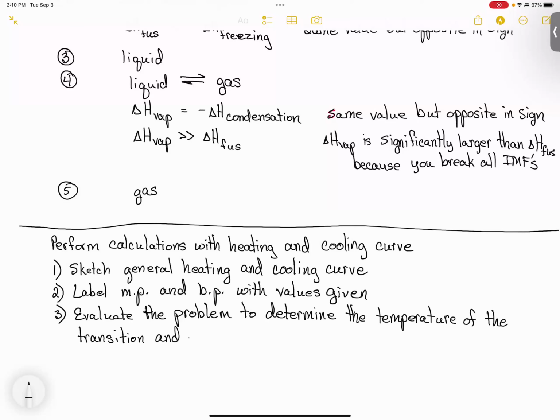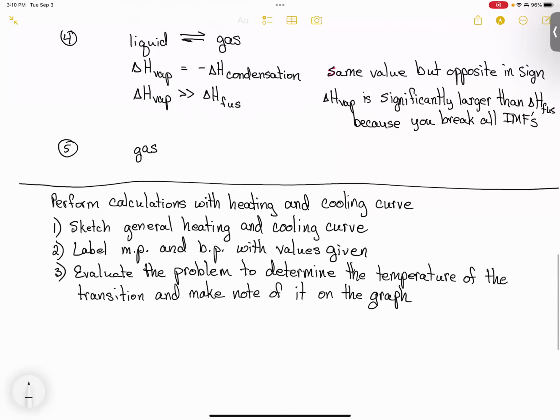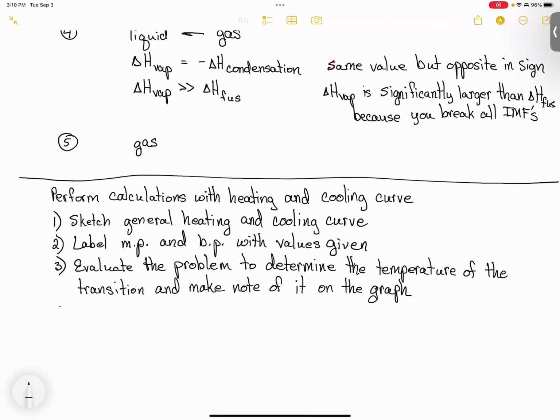And make note of it on my graph. These 3 steps will typically keep you from doing more than is necessary from a calculation standpoint. Then I actually start calculating.